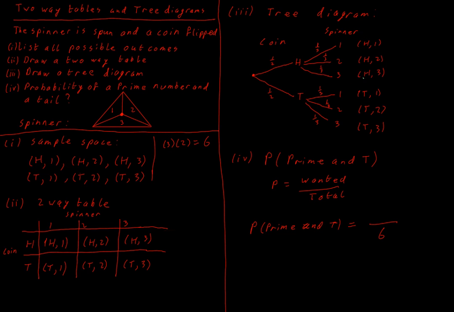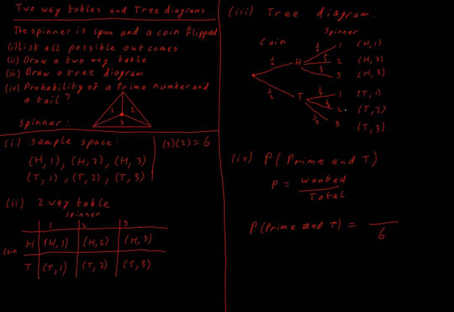Well, all of these have heads, so I can eliminate them. None of them are candidates because they have heads in them, not tails. So then I look to my tails outcome, and I said, well, I got a tail and a 1. Is a 1 a prime number? No. I get a tail and a 2. Well, a 2 is a prime number, so this one would count. And then a tail and a 3, and a 3 is a prime number.